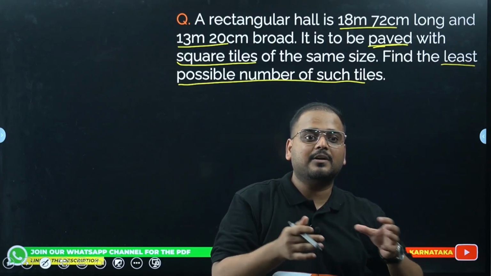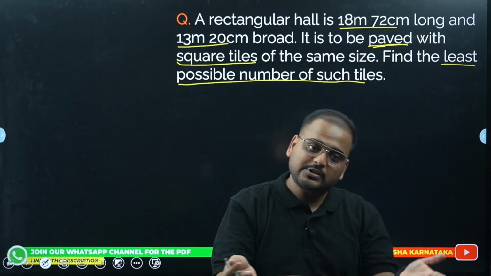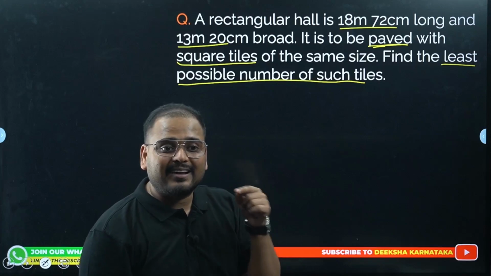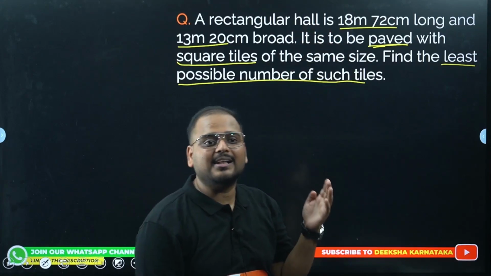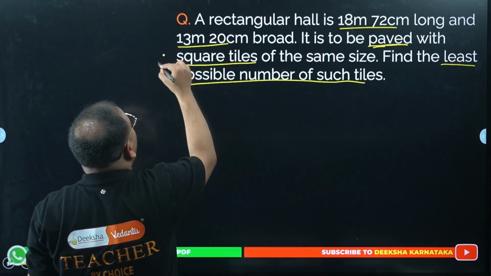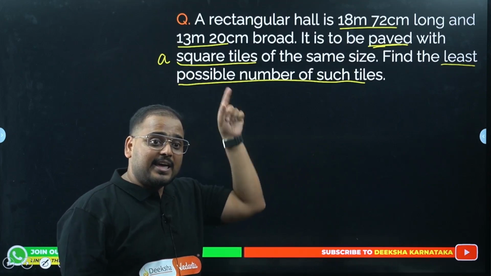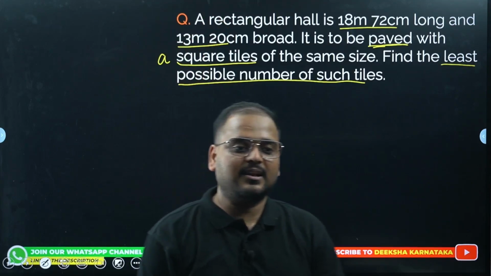If you want the room filled with the least number of tiles, the size of the tiles will be the biggest possible. So the side length of the tiles has to be maxed out. Let's say the square tiles have a side of A. For the number of tiles to be minimum, A has to be maximum. Is this clear?